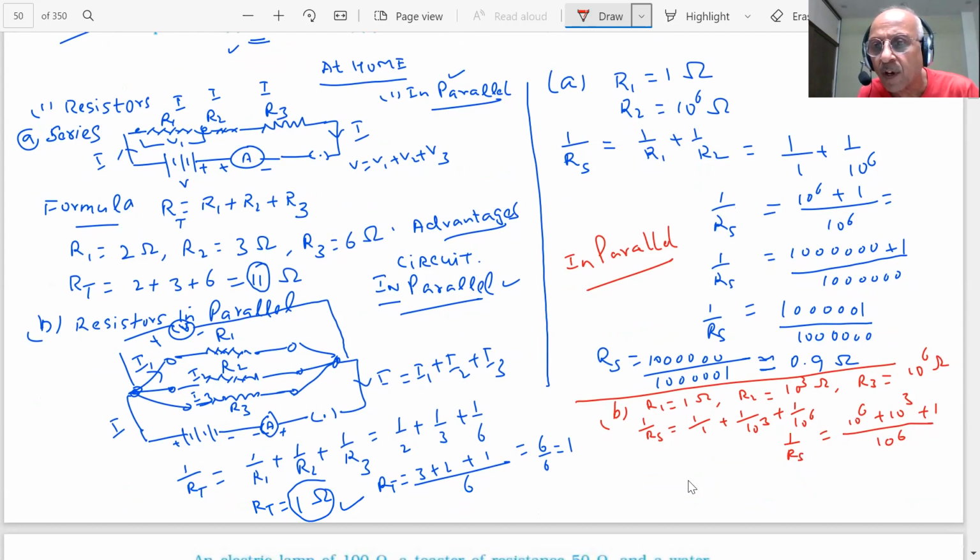The values are: 10 power 6 will be how much? 1, 0, 0, 0, 0, 0, 0. 10 power 3 is 1, 0, 0, 0, and this is 1. So if you add this, how much will it come? 1, 0, 0, 1, 0, 0, 1. 1000 is added here, and the last digit is 1.